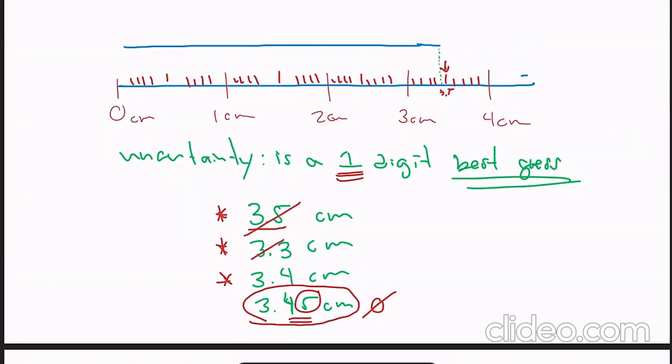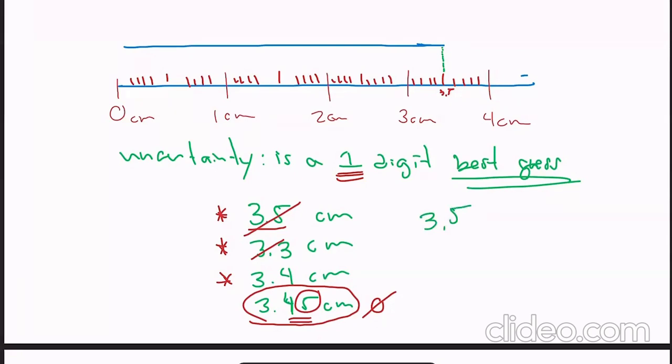And now let's go just one more measurement, because this may be a measurement that you may see. And there's nothing wrong with this measurement. If I extend this out just a little bit more, and my measurement is here, well, I'm sure that the 3 exists. I'm sure that the 5 exists.